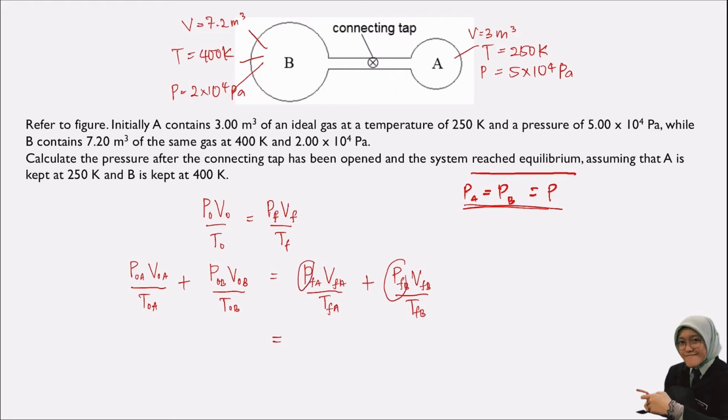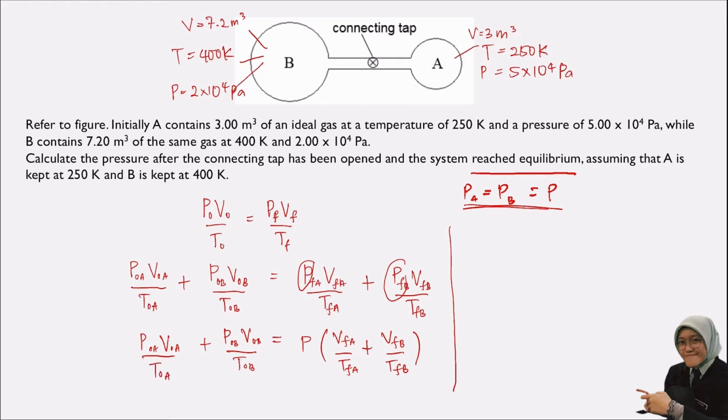It will be P times V final A over T final A plus V final B over T final B. This one is PA V naught A over T naught A.